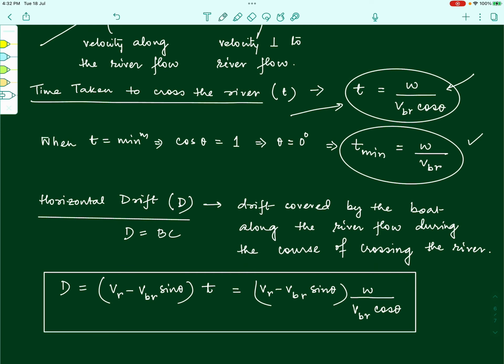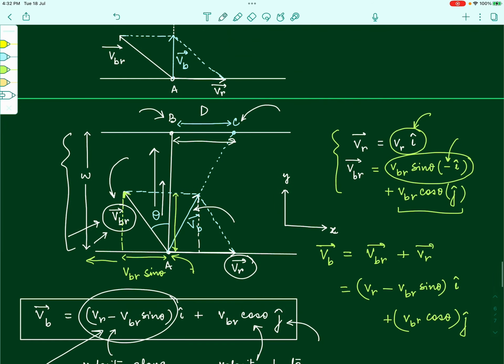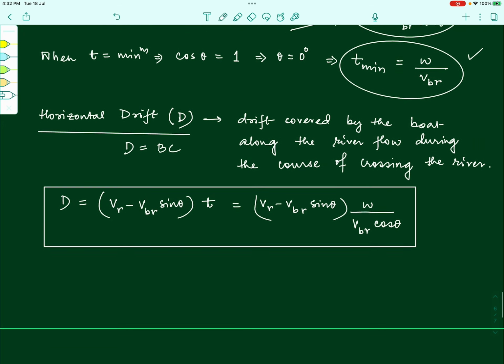Now a special case that we can take in case of horizontal drift is the case where we want the horizontal drift to be 0. We do not want the boat to move away from the point B. We want the boat to reach exactly at the point B. Let us see what happens for that.